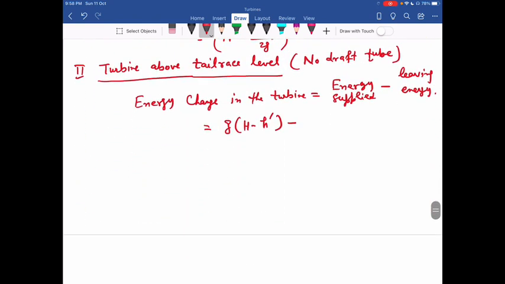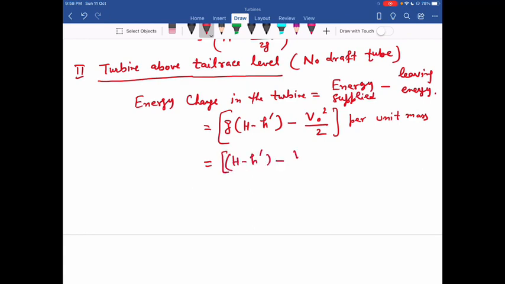So that is again per unit mass, VO square divided by 2. Okay, or per unit weight I can write it as h minus h dash minus VO square divided by 2g.